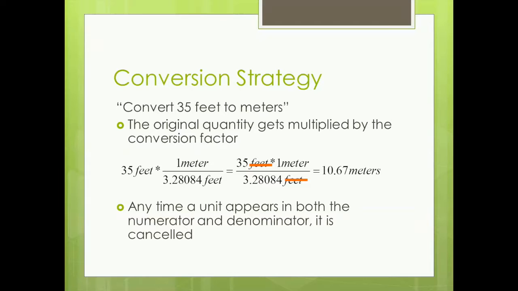At any time, if a unit appears in both the numerator and denominator, it gets canceled. We can see in the example above that feet appears in both the numerator and the denominator. It's good that this cancels because it's the unit we want to abandon. The only unit we're left with is meter, which is what we desire.